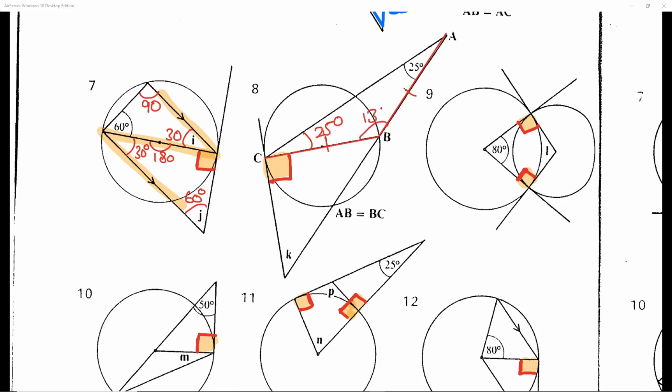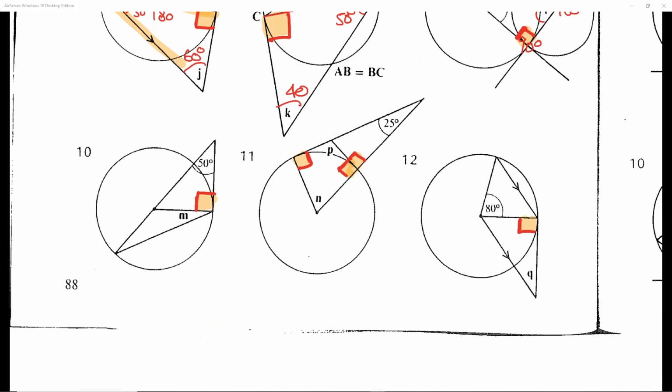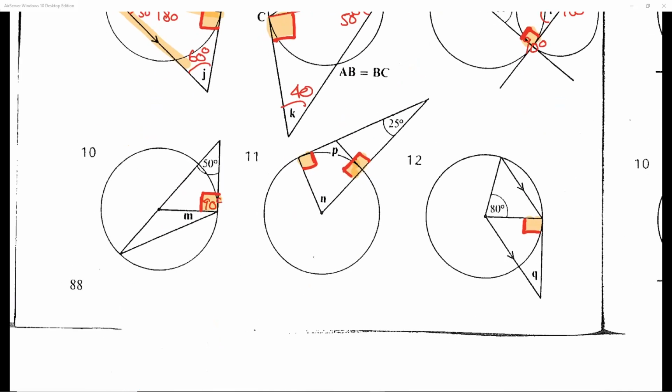So that will be 40. Opposite 80. So these ones are 90 and 90, and a quadrilateral adds up to 180. So that one will be 100. 50. That one's 90. That one will be 40, and that one will be 140.